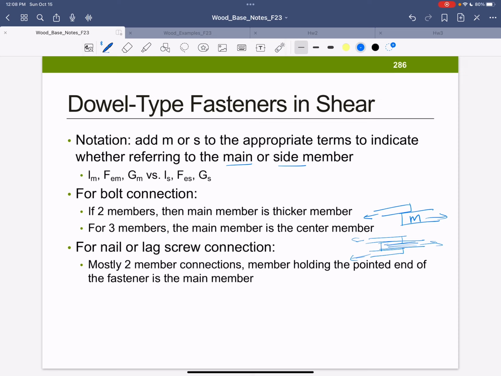For a nail or lag screw connection, those are mainly going to be the two-member connections. So we nail one board to the other or put a lag screw in. The member that has the pointed part in it is the main member. So let's say I've got two here and they're nailed or lag screwed together. This is the main member in that case.